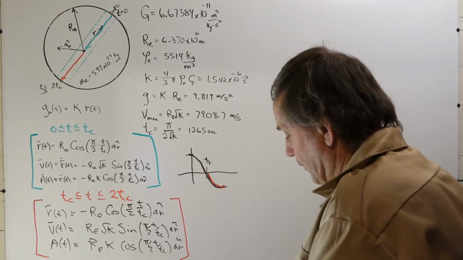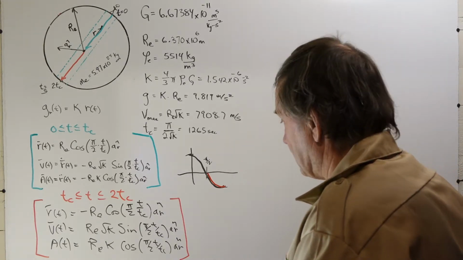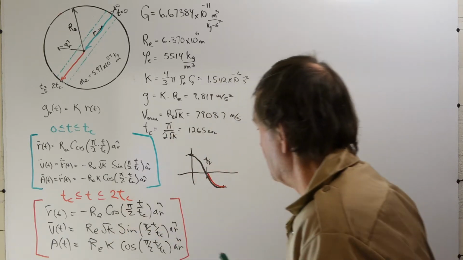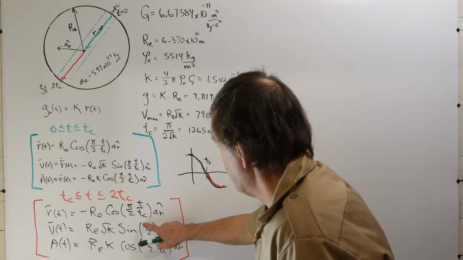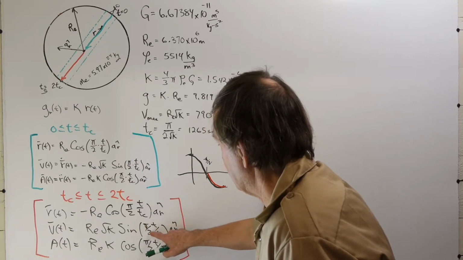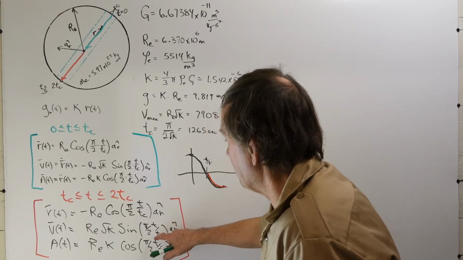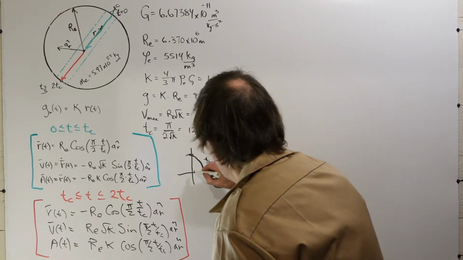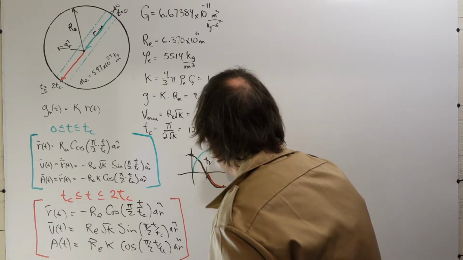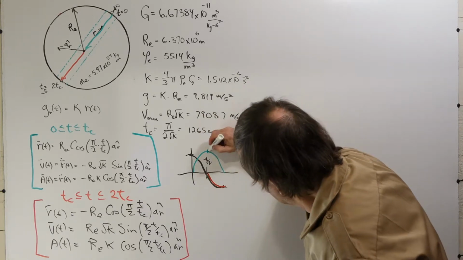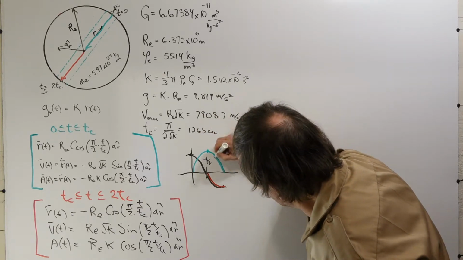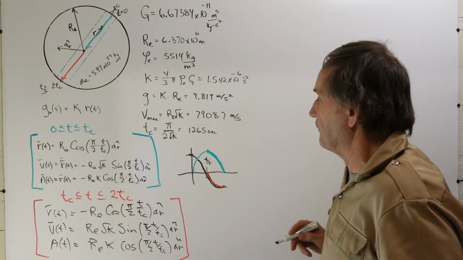And with the velocity equation here, we see that when t is greater than TC, we have the sine of an angle greater than pi over 2. Well, the sine curve looks like this. Between pi over 2 and pi, it's positive in that region.